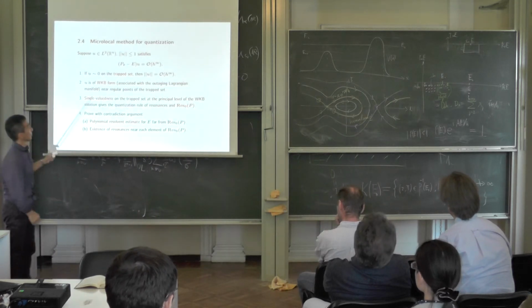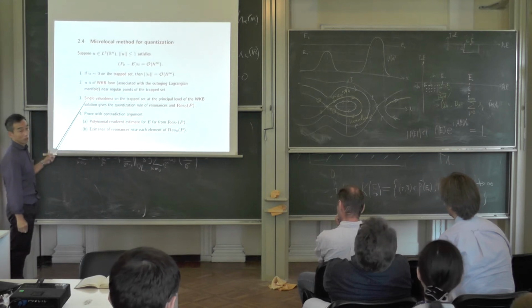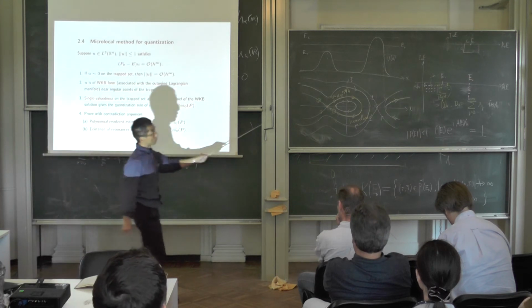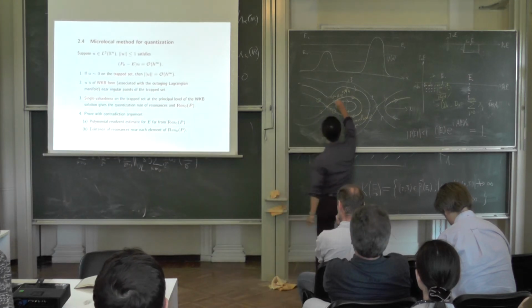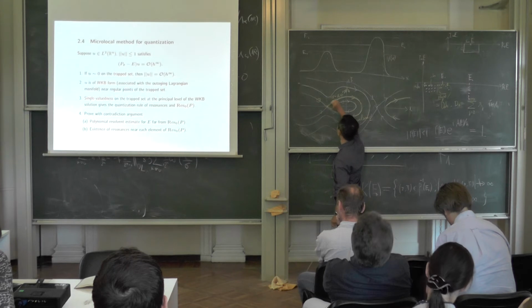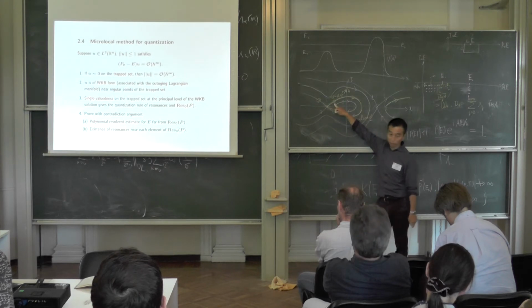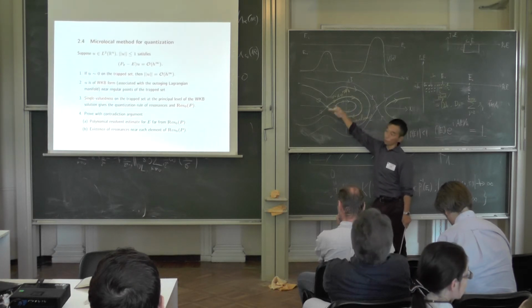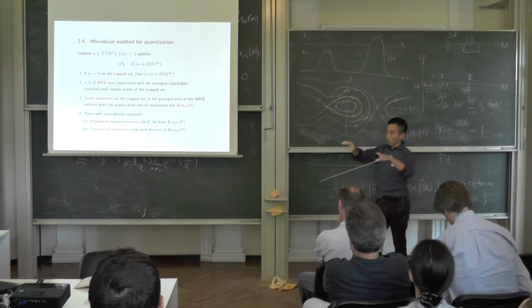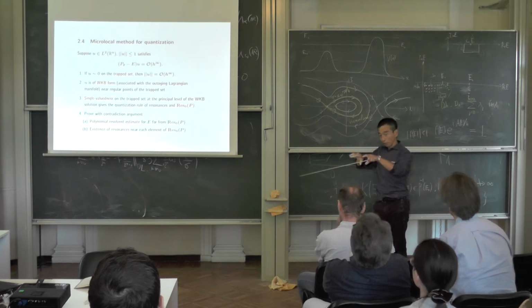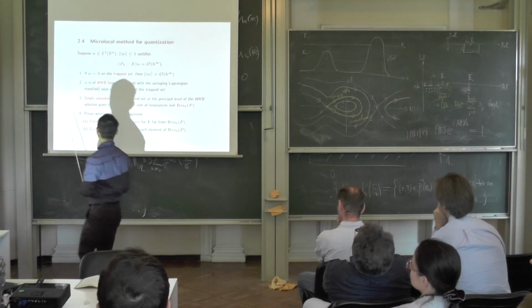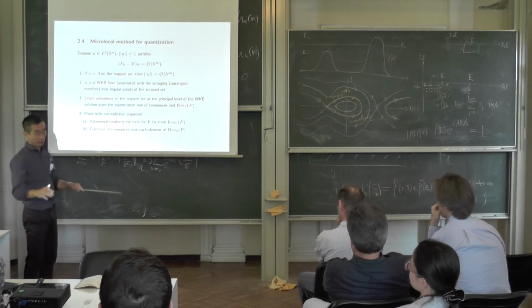And the third one is that, using the microlocal Cauchy problem, we continue this solution all around the trap set, and I come back to the original point, and I compare the old one and the new one at the principal level, looking at the principal part of the asymptotic expansion, and of course it should be the same.